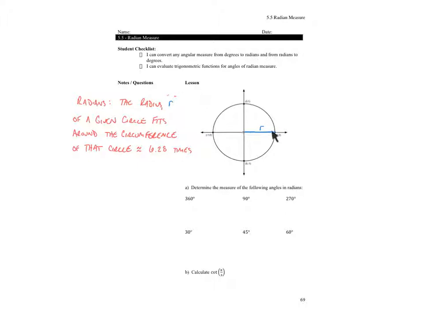If you have a radius of this circle and you lay it down along the circumference of that circle, we said that it's going to fit around that circle 6.28 times. So that would be like me taking this r and laying it down once, and then I'd need another one, 3, 4, 5, 6, and then a little extra. That's true of any circle. It will always be 6.28 times the radius of the circle, roughly.